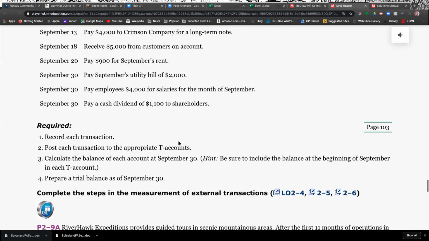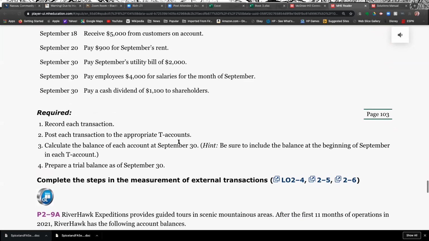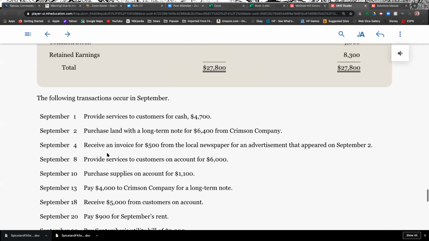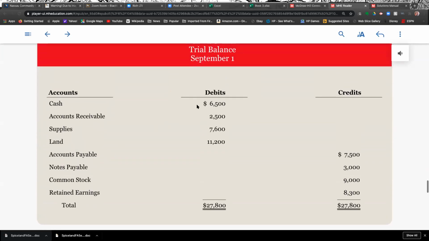So notice what it says here. See where it says here, calculate the balance of each account at September 30th. Be sure to include the balance at the beginning of September in each T account. So the first thing you should do before you even look at the rest of the problem, go to the T accounts they give you and write these amounts in, because otherwise you might forget.